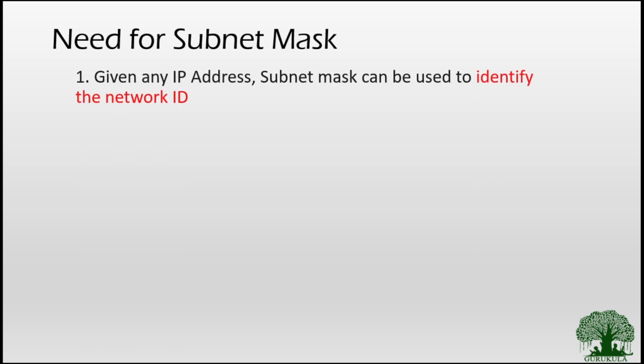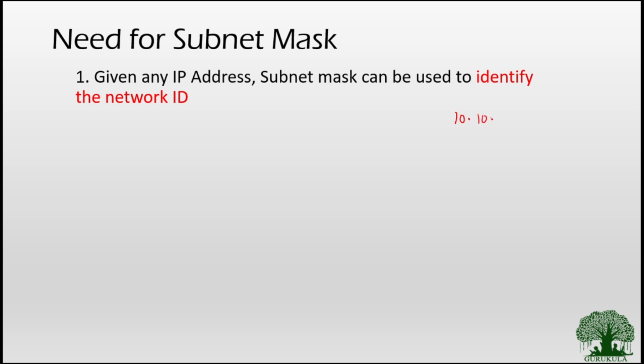So what happens when we perform subnetting? Let's first try to understand the need for the subnet mask. Given any IP address, a subnet mask can be used to identify the network ID. If subnetting is not performed, then identifying the network ID is much easier.